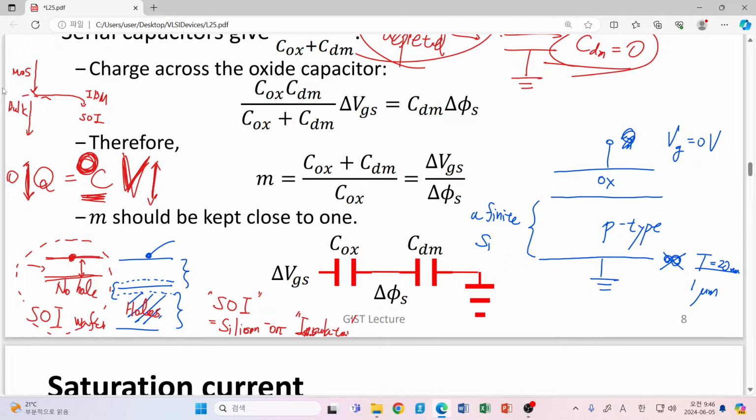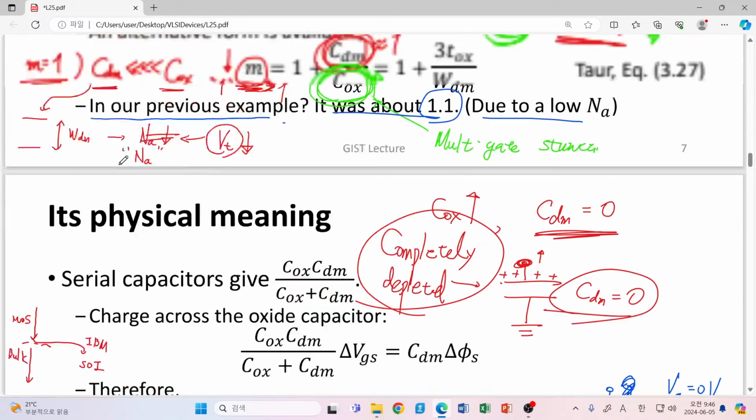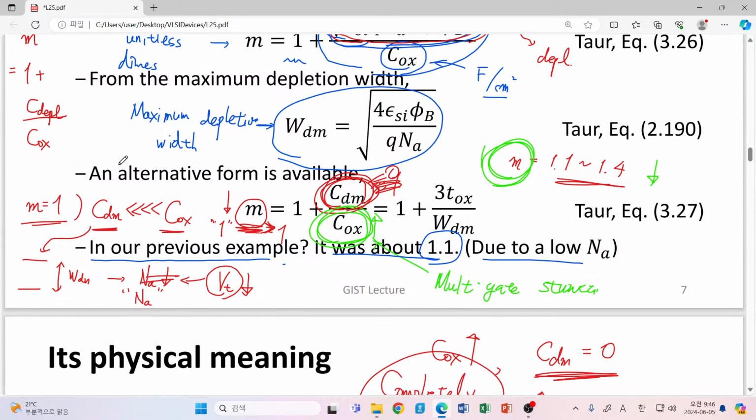So please think about the situation. At the time, planar MOSFET always suffered from this limitation. Their m value was not as low as 1.